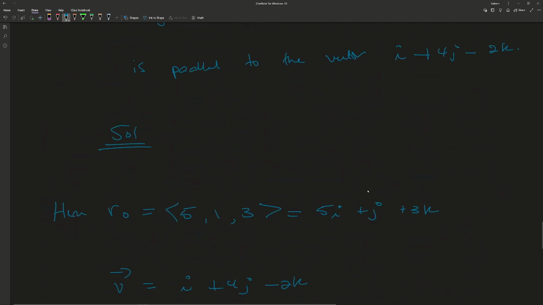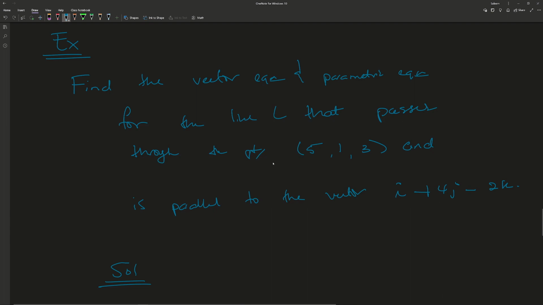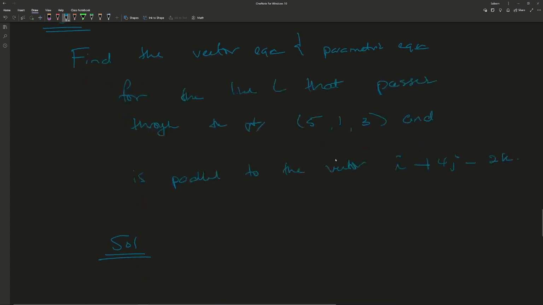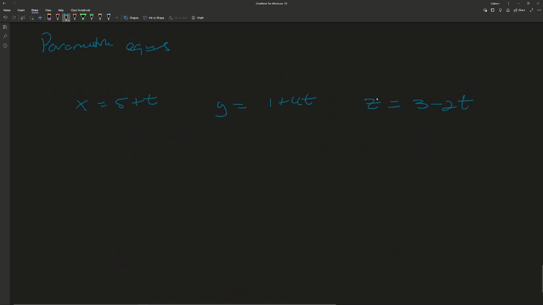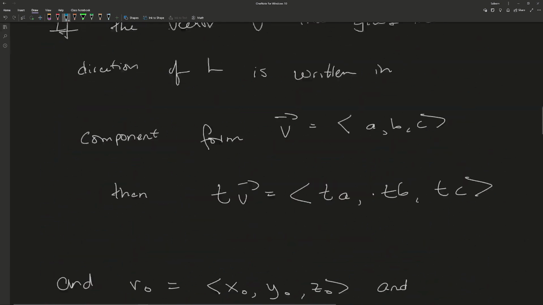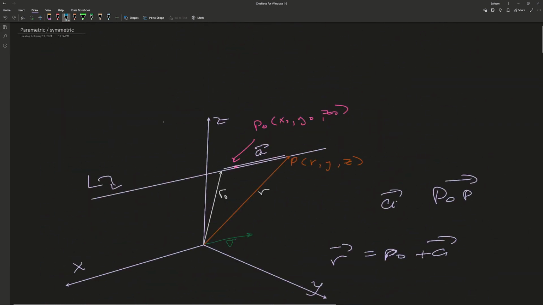Suppose, further to this question, I was asked to find other points on the line. This is a point on the line here. Can I find another point on the line? Well, good thing for us that we have this parameter t here, so t varies. Remember what we said at the beginning? This t can vary across this line.